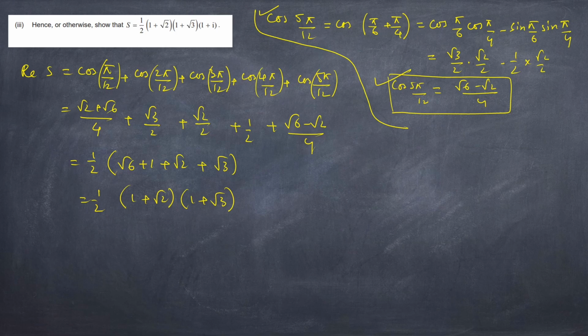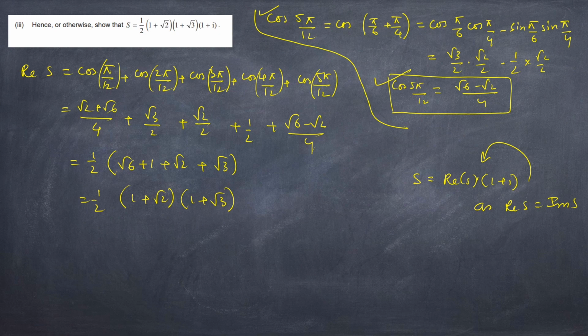Again, for S, we can write real sum into 1 plus i, as the real sum equals the imaginary sum. So we can use this formula: the sum equals real sum into 1 plus i.